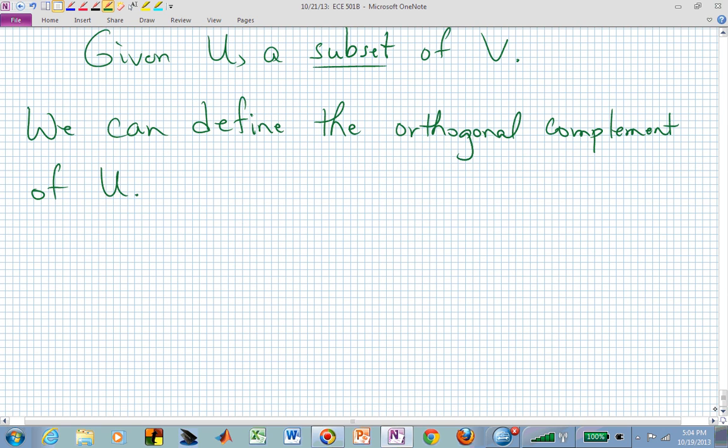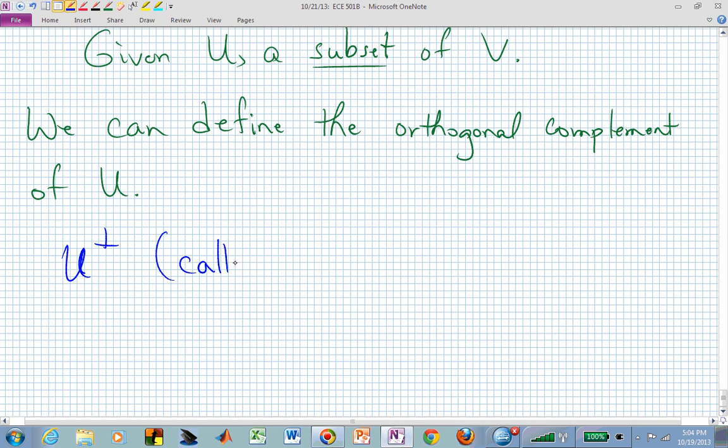And we will give that orthogonal complement an easier description. We will call it U perp, and we'll just say that that's U with a subscript of that perpendicular symbol.